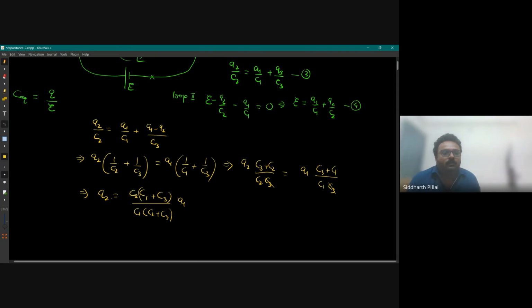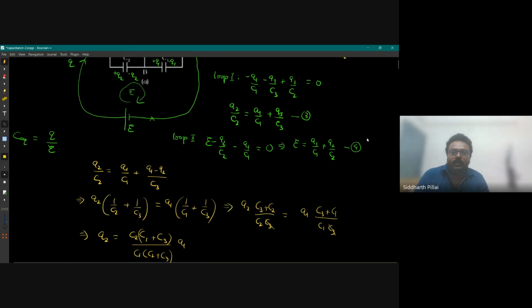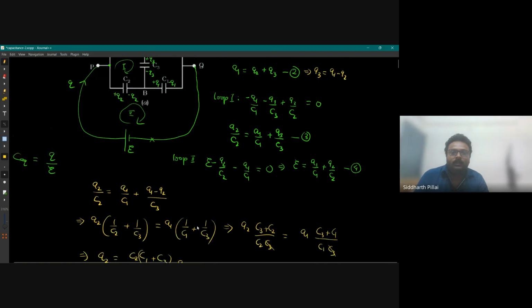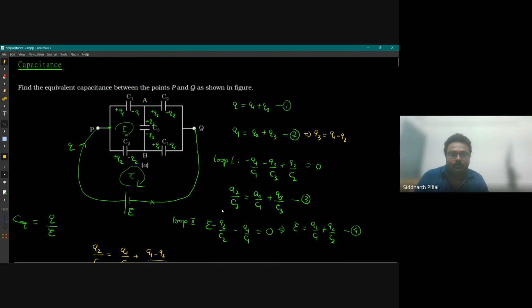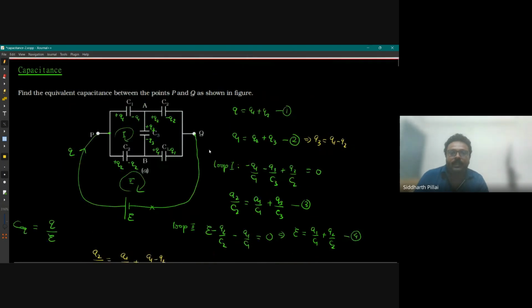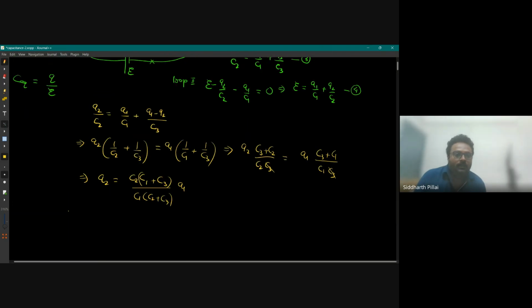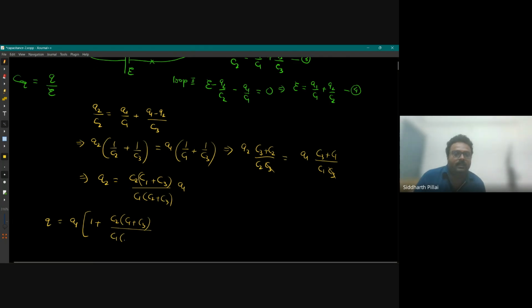Now, we got Q2 in terms of Q1, and from that we can find out what is Q1 in terms of Q. So let's substitute this Q2 into the first equation. Okay, so I have Q equals to Q1, if I take common, 1 plus this expression, C2 into (C1 plus C3) divided by C1 into (C2 plus C3).